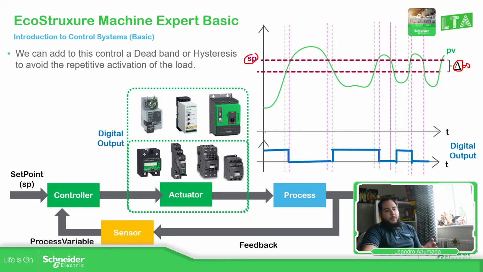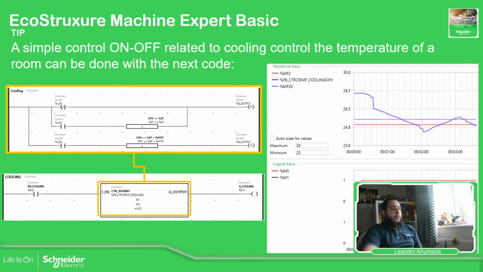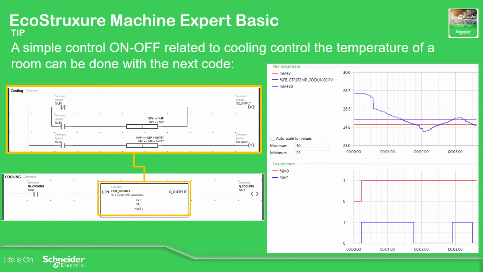So if we take this on-off control into a PLC, for example the M221, let's just put the complete view. Just bear with me. Okay, so now there we go.